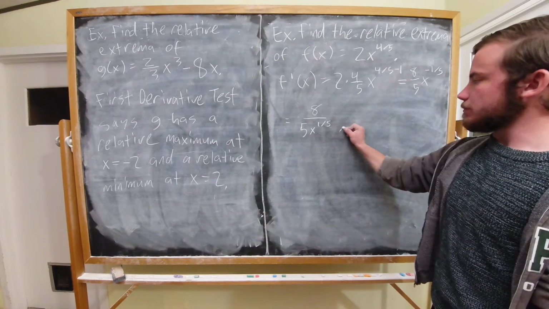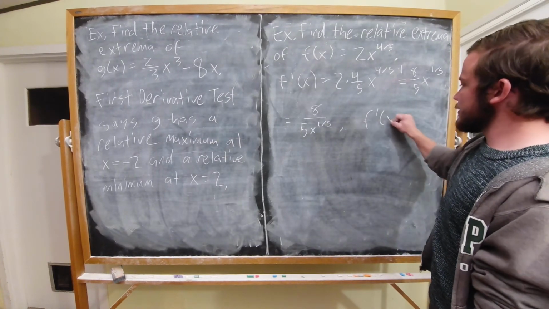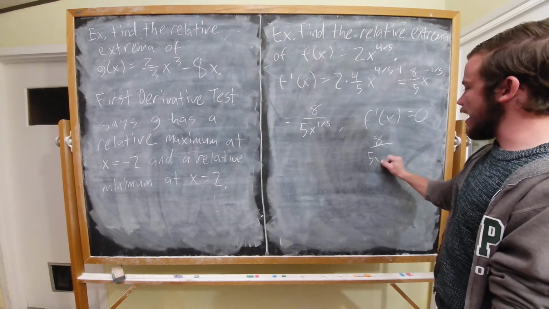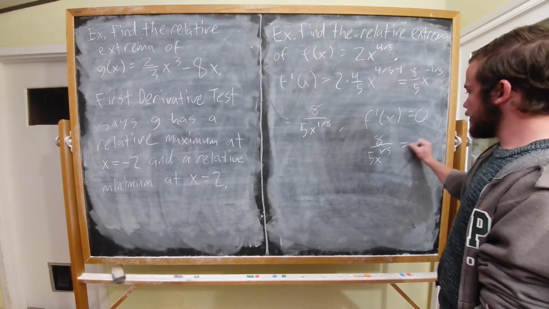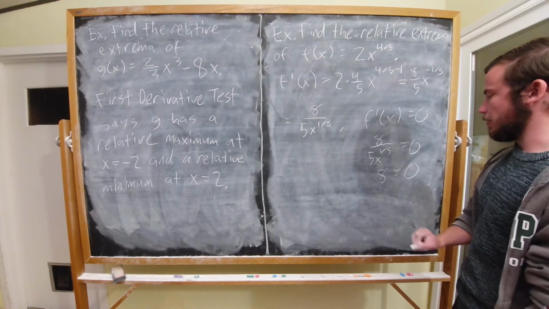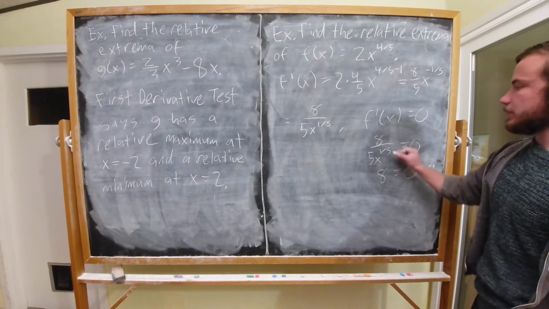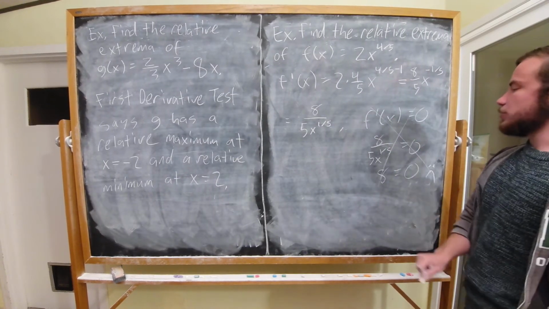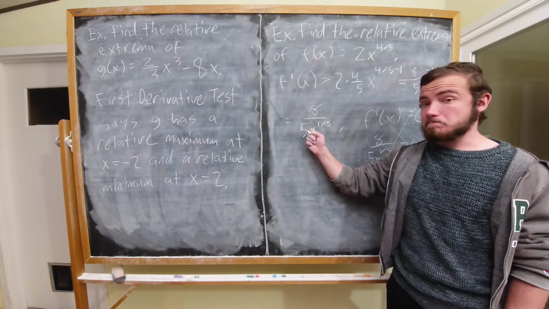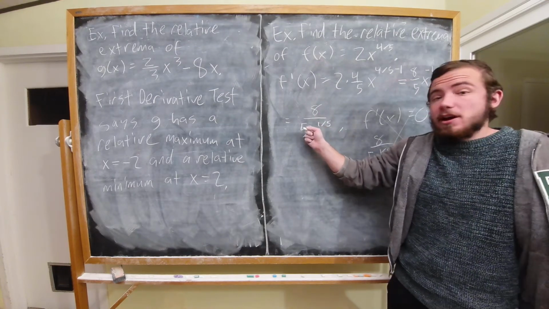Alright, let's do our analysis. F prime of x equals 0 means 8 divided by 5x to the 1/5 equals 0. Multiplying both sides gives you 8 is equal to 0. Sad face. So this can never happen. You could also just see it as, hey, no matter what I plug into here, a non-zero number divided by a number is not 0.